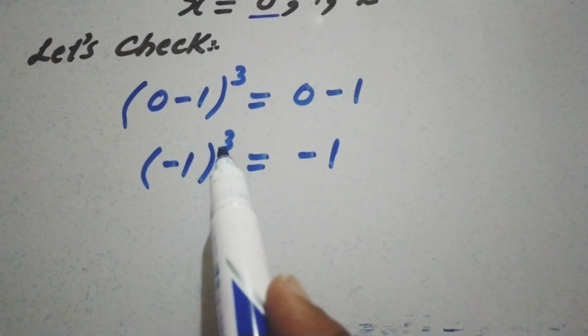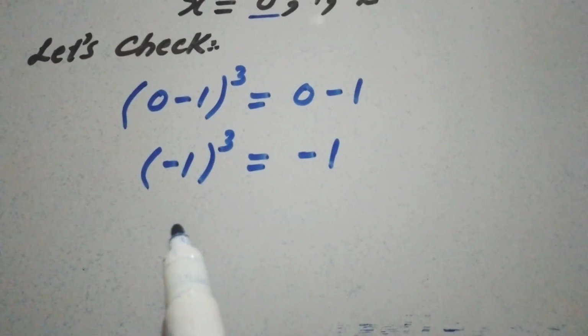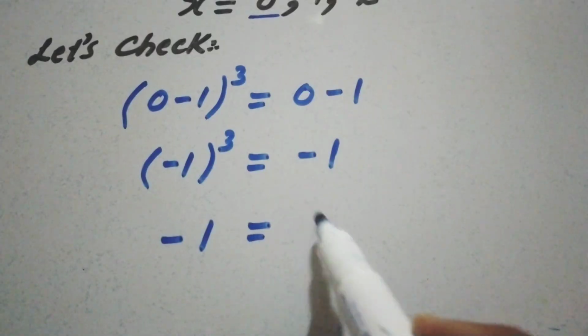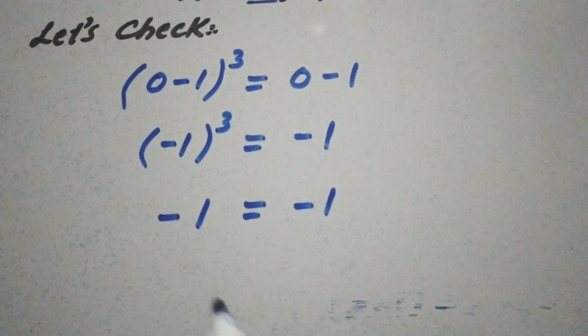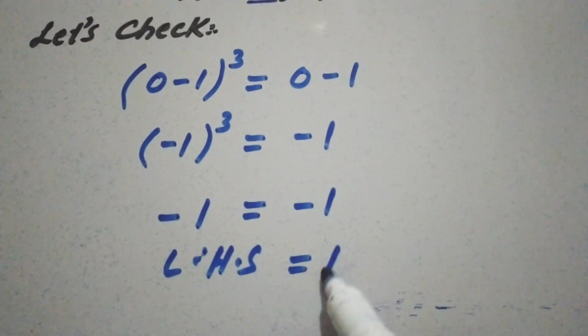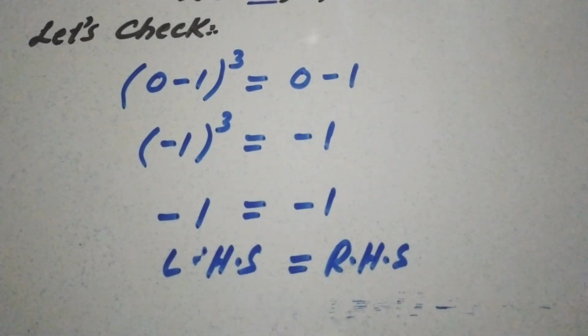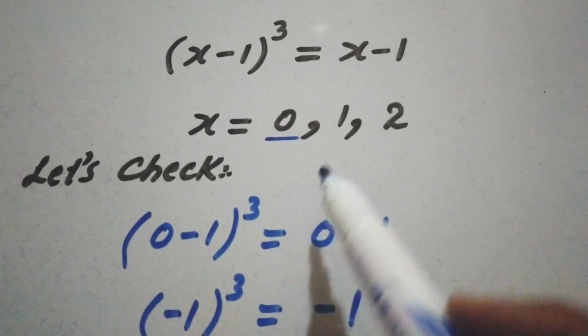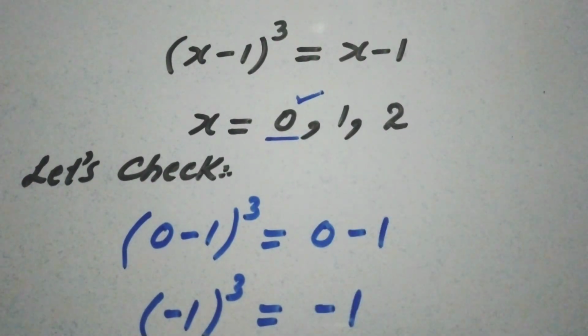So minus multiplied by minus gives us minus, and 1 cube, which is 1, so −1 = −1. Hence left hand side is equal to right hand side. So we have proved that x = 0 is a valid solution.